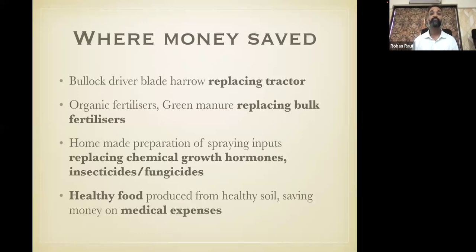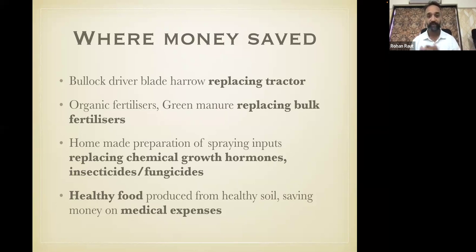But where is my money getting saved? All the fields on my 38 acres of land are plowed with bullocks. I don't use a tractor. I have a tractor, but it is used very little in my farm. I generally use a blade harrow, which I have been doing for the last 6 years.